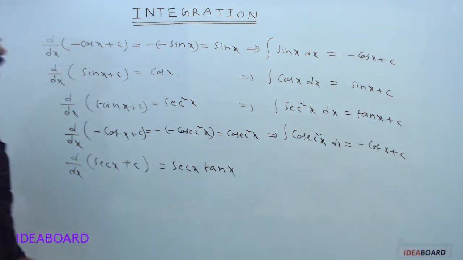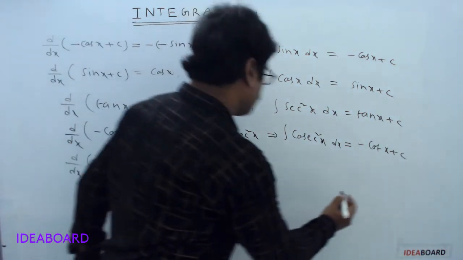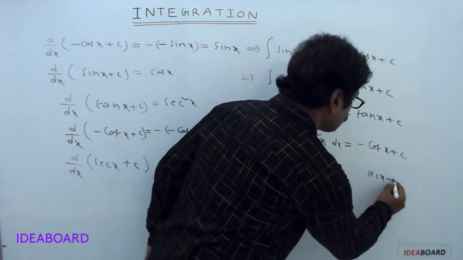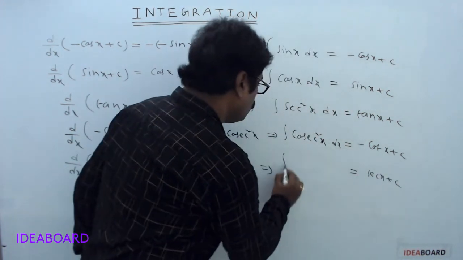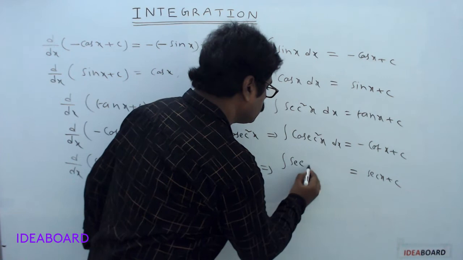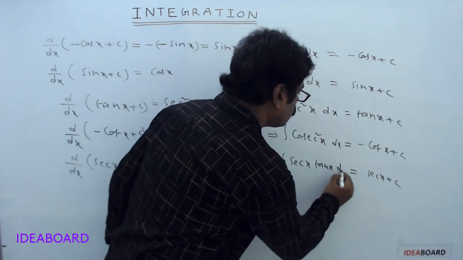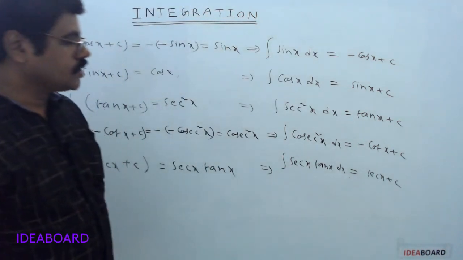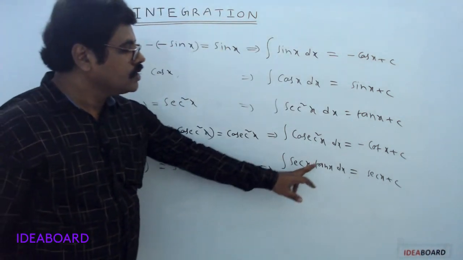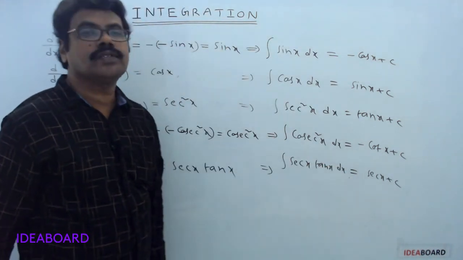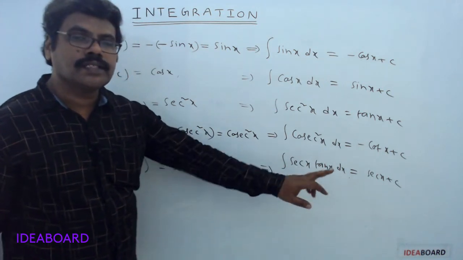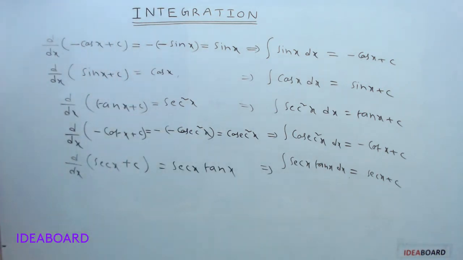It can be written as secant x plus c equals to integral secant x into tan x into dx. So what is the formula? Integral secant x into tan x equals to secant x plus c.